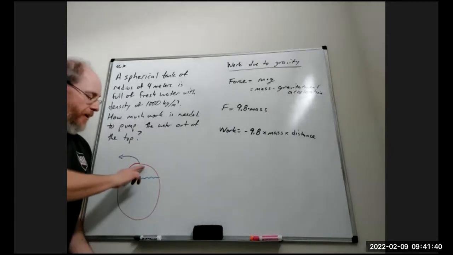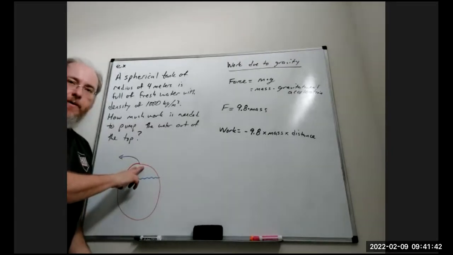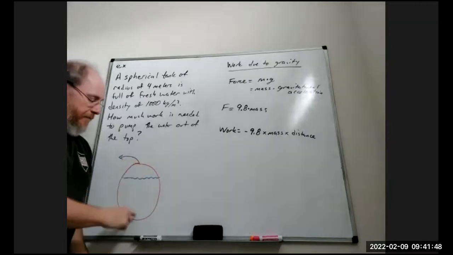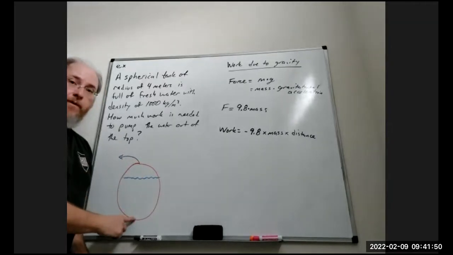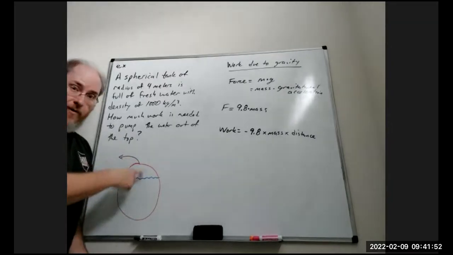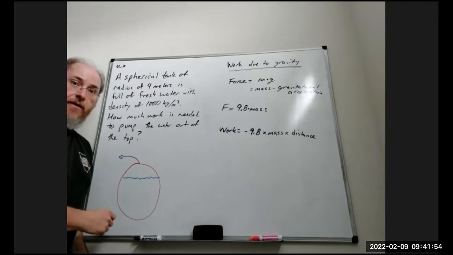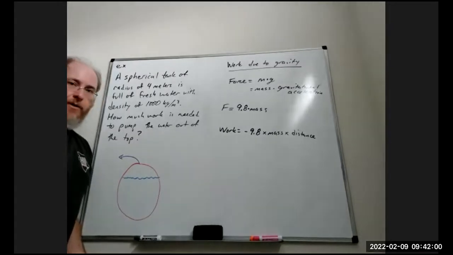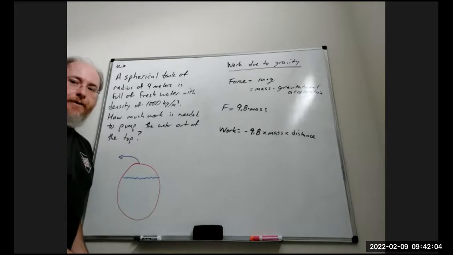Imagine some water right here at the very top. How far does that have to move to get out of the tank? Just a short little distance, as opposed to the stuff on the bottom, which is going to have to move a greater distance. So it's going to depend. If we ask how far the water moves, I don't know which piece of water. Different bits have different distances.